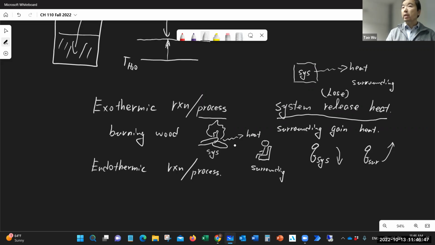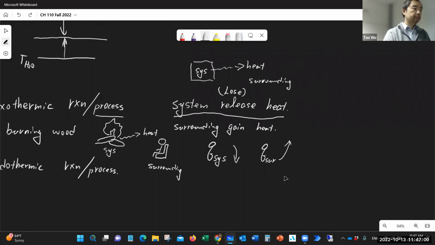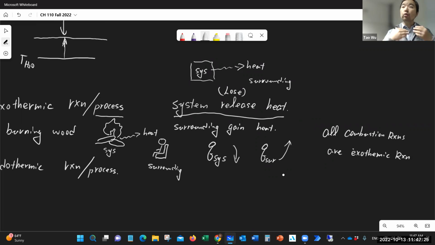So all combustion reactions can be seen as exothermic reactions. Let me just write on the other side. Exothermic reaction means they are going to produce heat out.